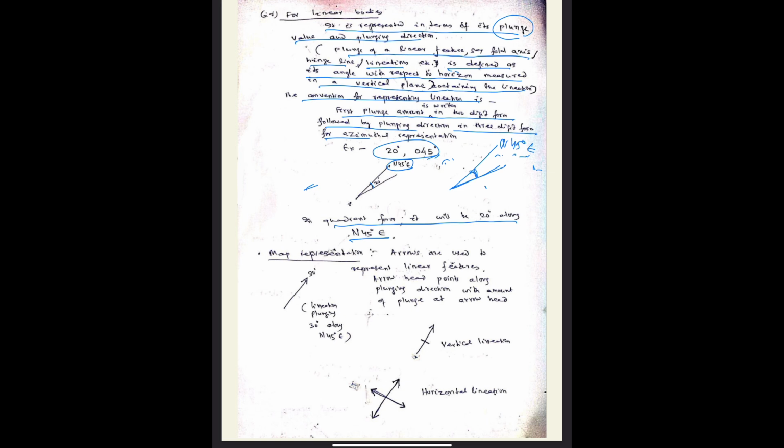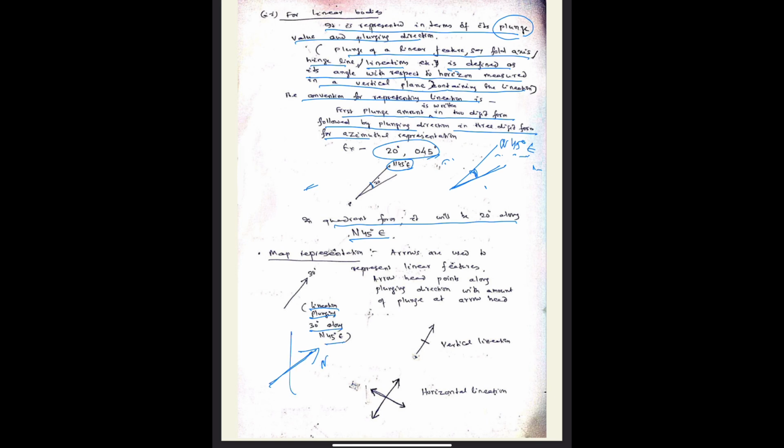Now, how are these linear features represented in maps? Simply a line with an arrow, with the plunge amount at its arrow end, will indicate the plunging direction with the plunge amount. Let us say a linear body having a 30 degree plunge along north 45 degrees east.